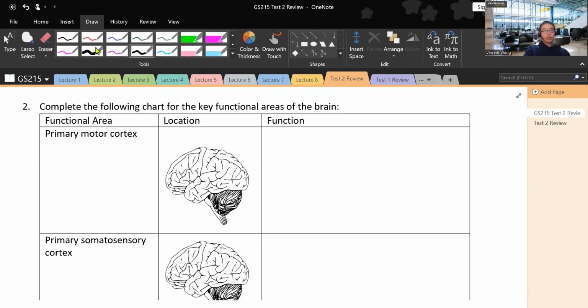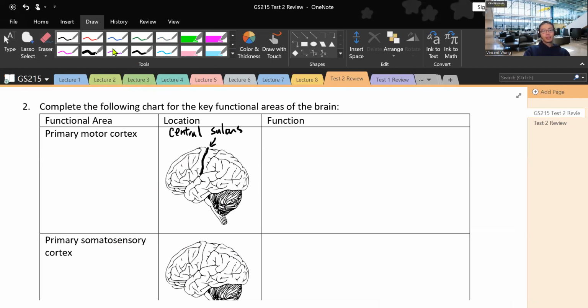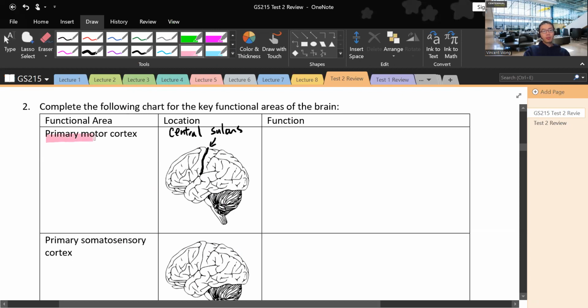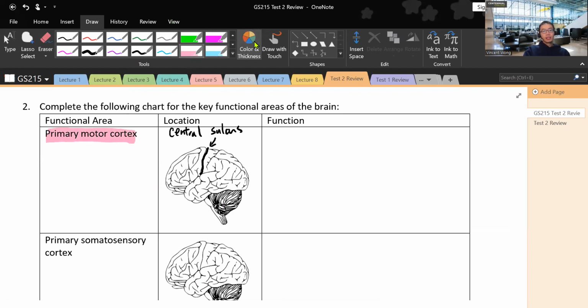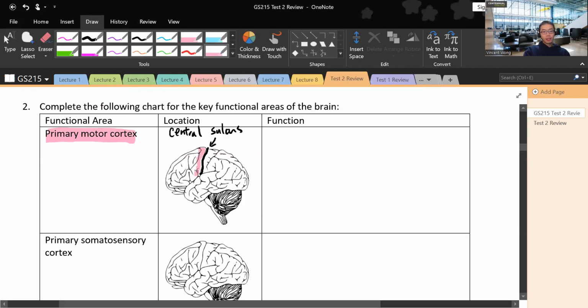What you need to do here is to find the central sulcus, which is this thing right here, the central sulcus that divides the frontal lobe from the parietal lobe. And the primary motor cortex is located right here.